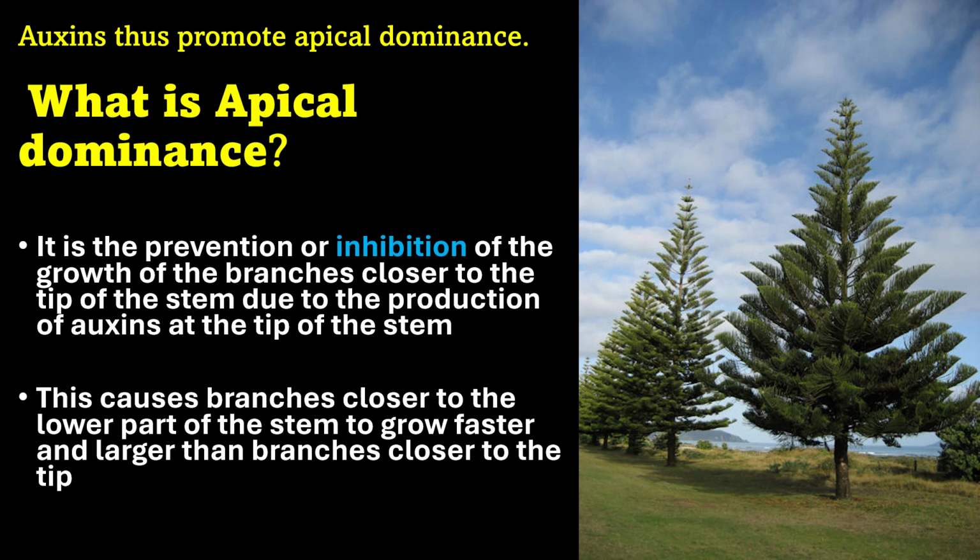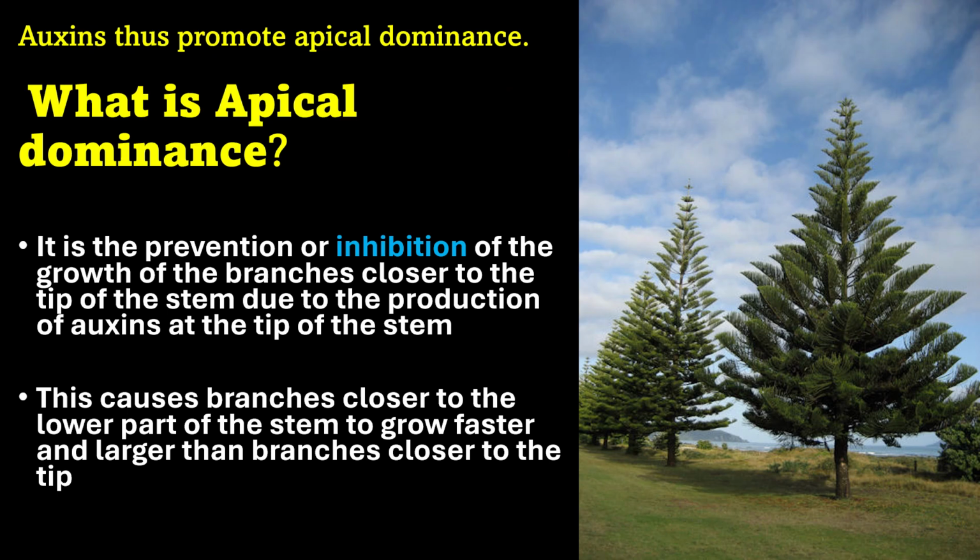Because the auxin is produced here at the tip and does not remain there, but floats down, the amount of auxin here remains very low, and the amount of auxin here remains very high. So we have low auxin, and then we have high auxin.